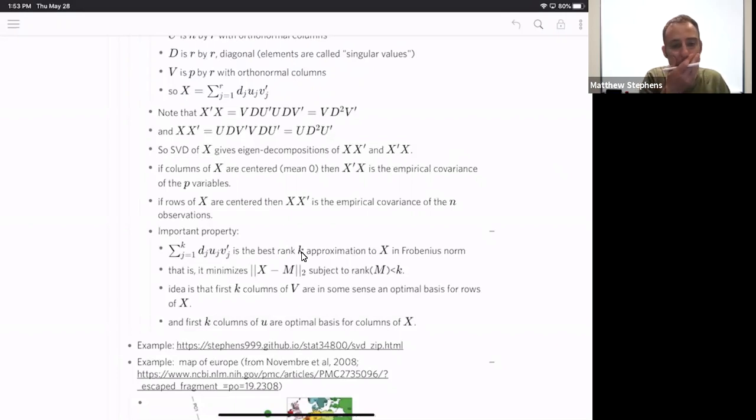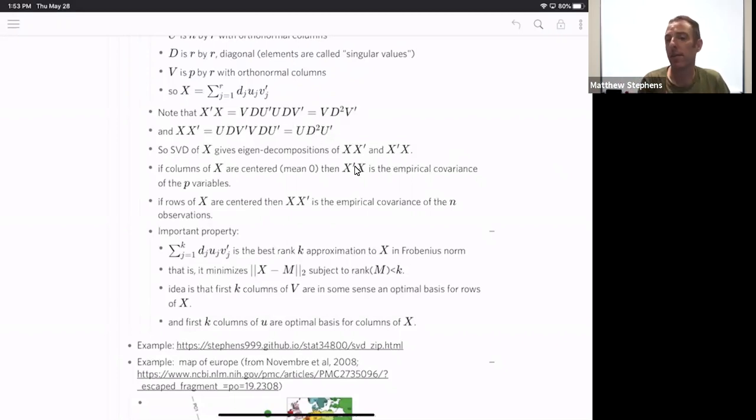Okay. And so one way of thinking about this is that the first K columns of V are in some sense a really good basis for representing the rows of X. I say the columns of V, that means the rows of V transpose, the rows of this matrix here.